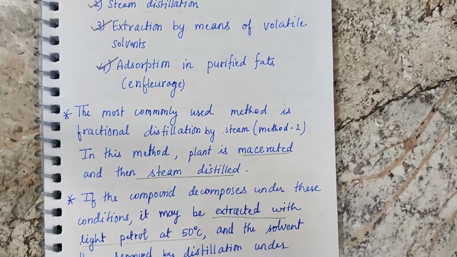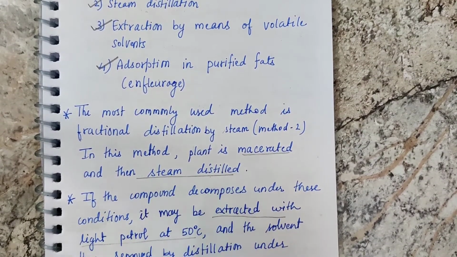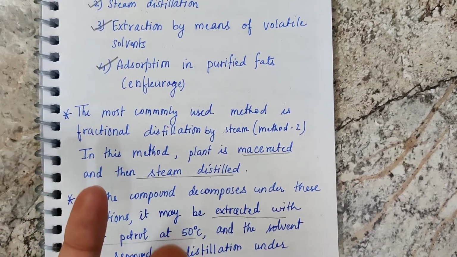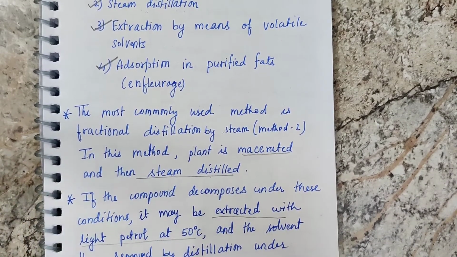But sometimes you have some molecule, some terpene, that gets decomposed at such a high temperature, because for steam distillation you are evaporating everything. So you are applying a lot of heat.